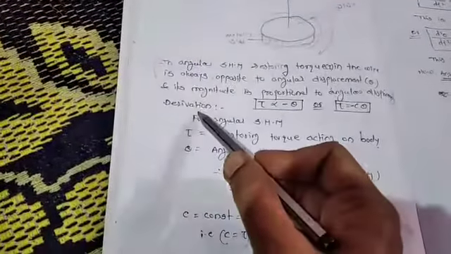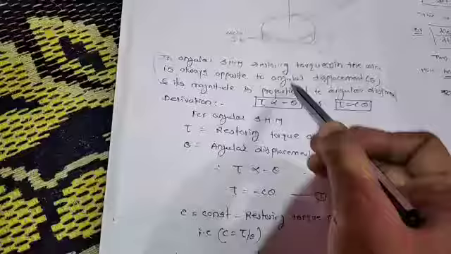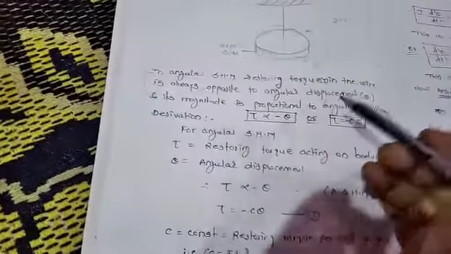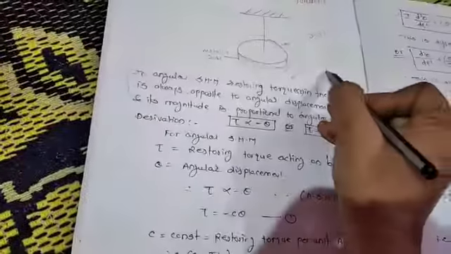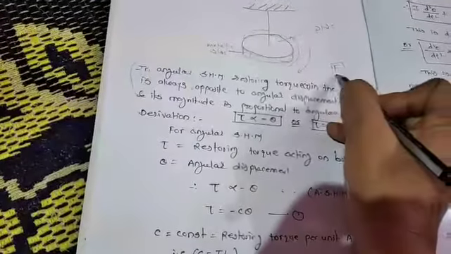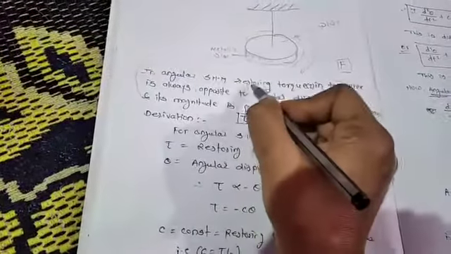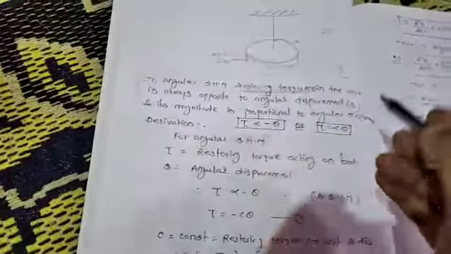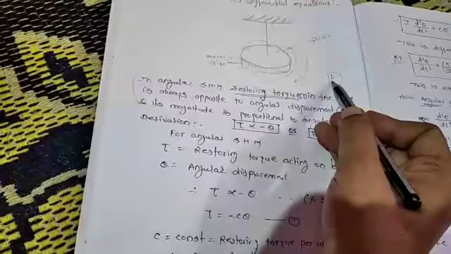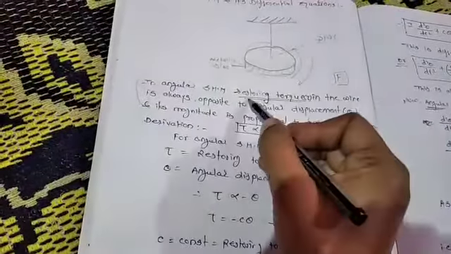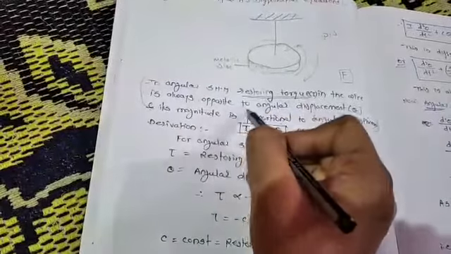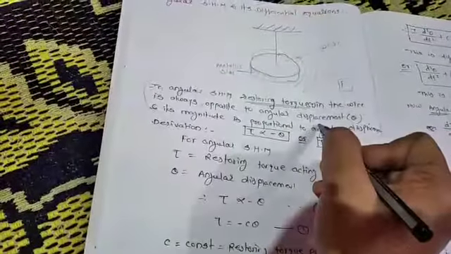So here, if the restoring torque, that is, in the linear SHM we have seen the restoring force F. Here in the angular motion, instead of force we use the term torque, that is the restoring torque in the wire, which is always opposite to the angular displacement.